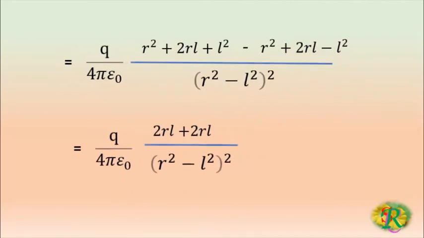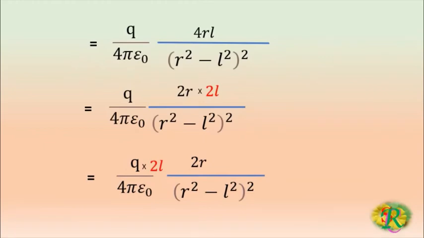While removing the bracket, we can cancel some terms like r square minus r square, L square minus L square. So the equation becomes Q by 4 pi epsilon 0 [2rL plus 2rL] divided by (r square minus L square) the whole square.